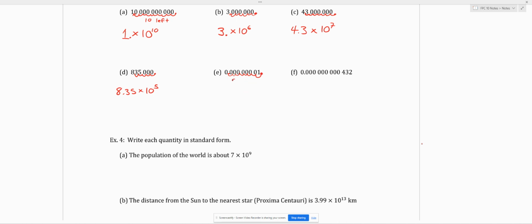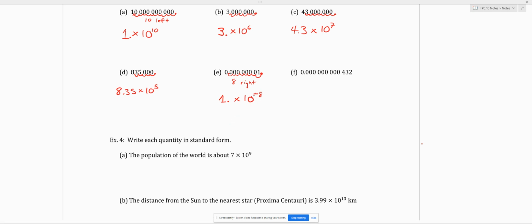So that time we went 8 to the right, we have a really, really small number. So our new number, after moving the decimal, is just a single 1 again. The decimal is technically right here. You don't have to write that, but I want to emphasize where it is now. And then that's the same as saying times 10 to the -8 this time.